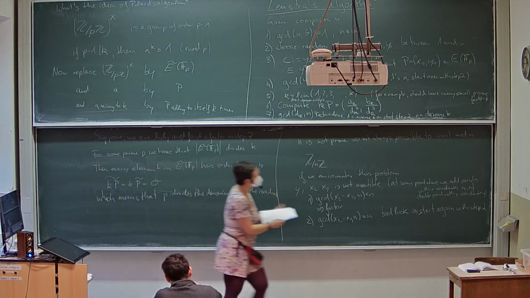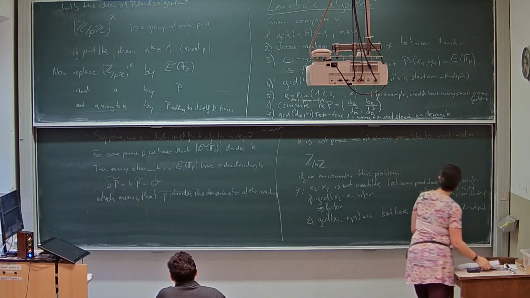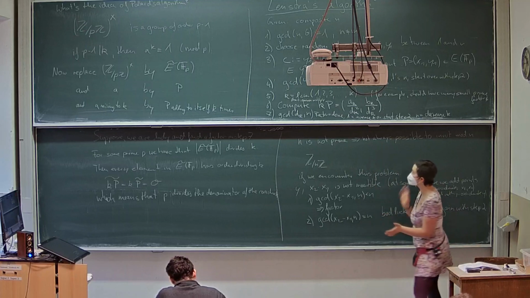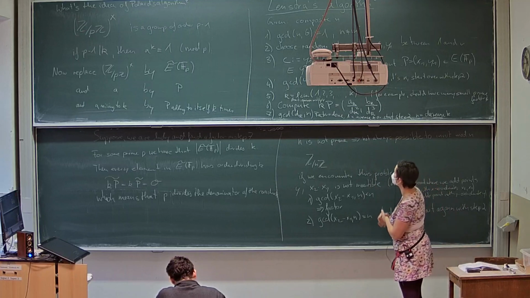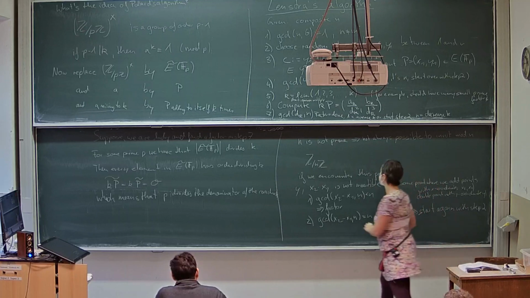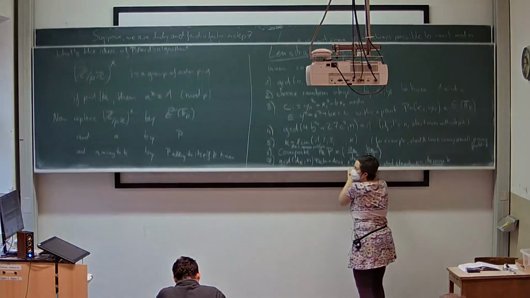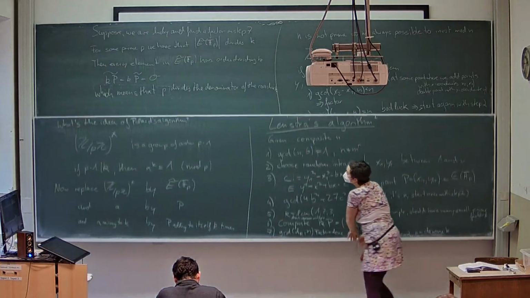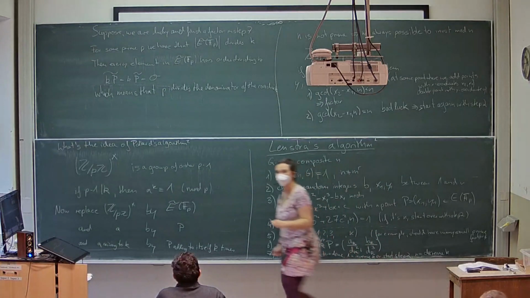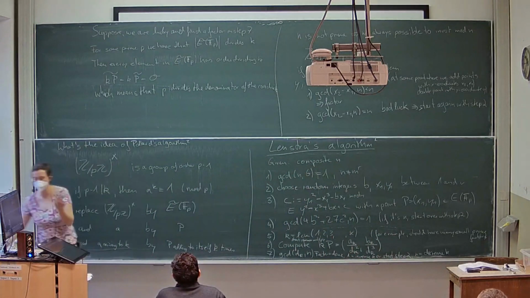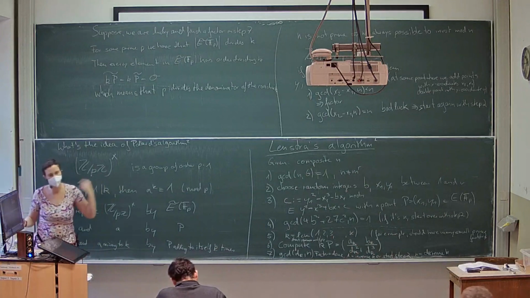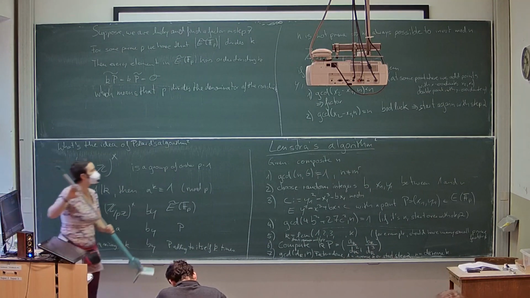Yeah, so this is already the algorithm, and we will compute an example. It's actually not so easy to do this by hand, so we will, of course, skip some steps.